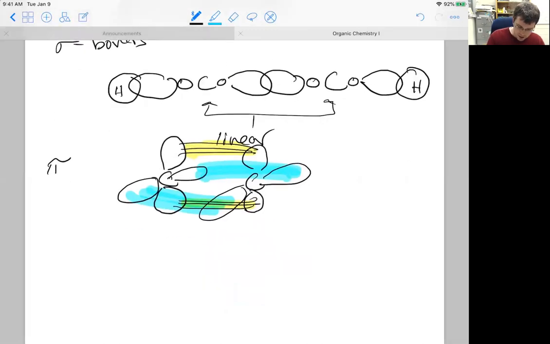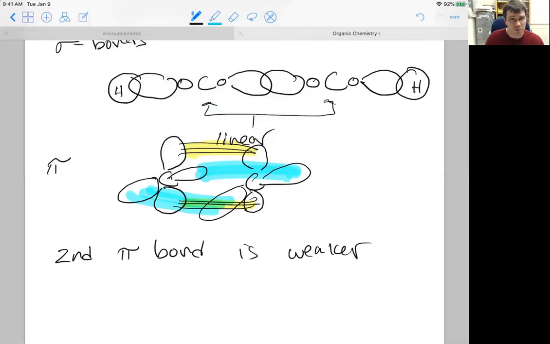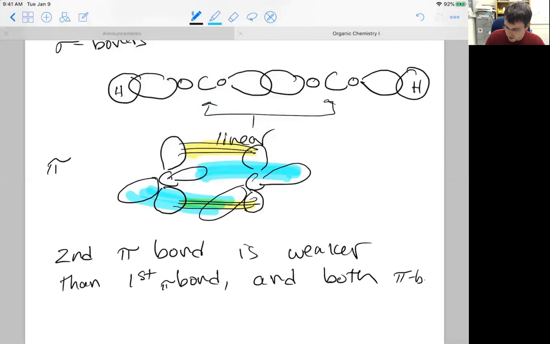The second pi bond is weaker, has a weaker overlap, is harder to pull off than the first pi bond. And both pi bonds are weaker than the sigma bond.